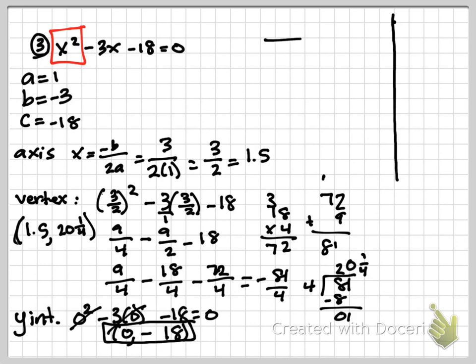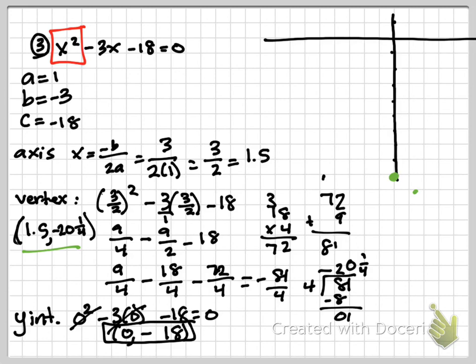We'll go 2, 4, 6, 8, 10, 12, 14, 16, 18. So here is my intercept. And my vertex is positive 1.5 and negative, I didn't put the negative sign on here, negative 20 and 1/4. So positive 1.5, negative 20, just past negative 20. So right about there.